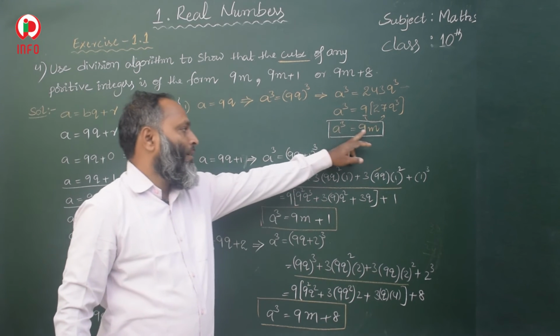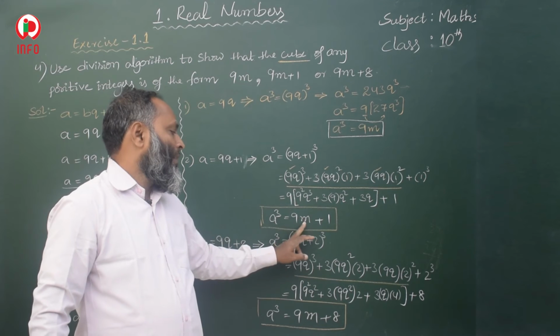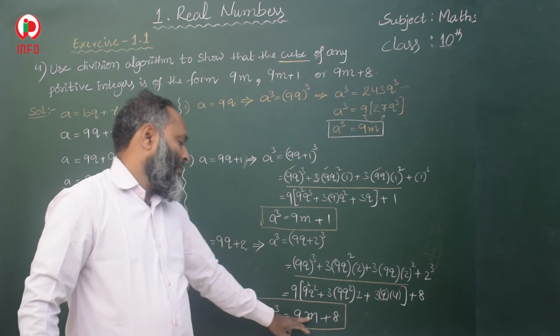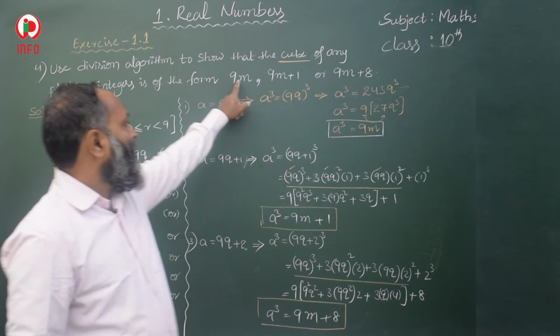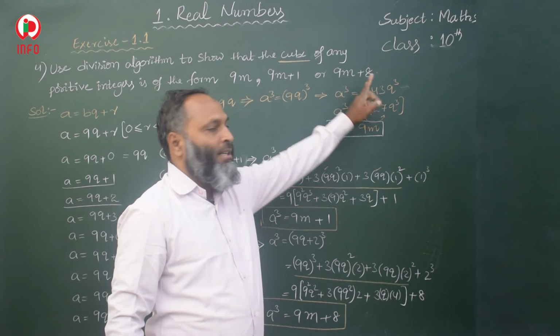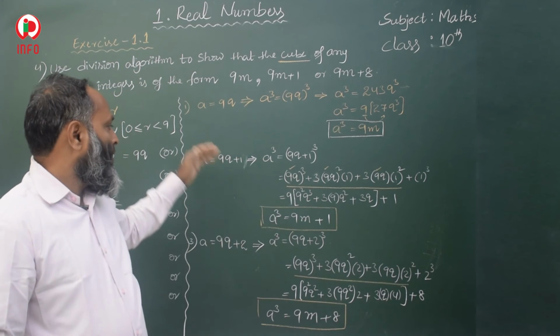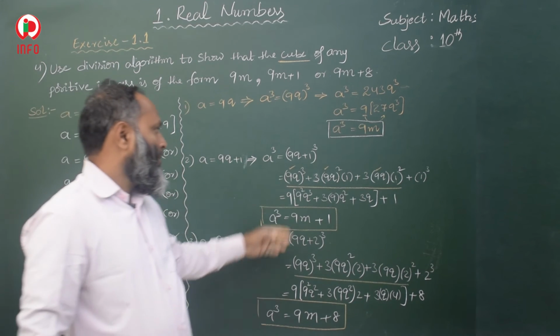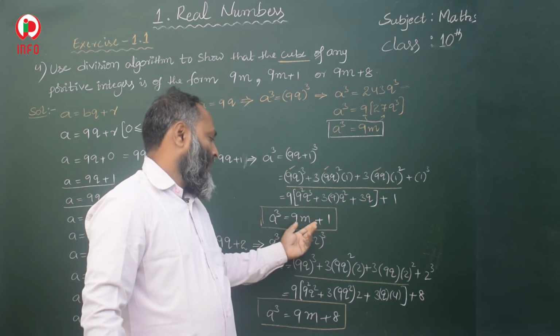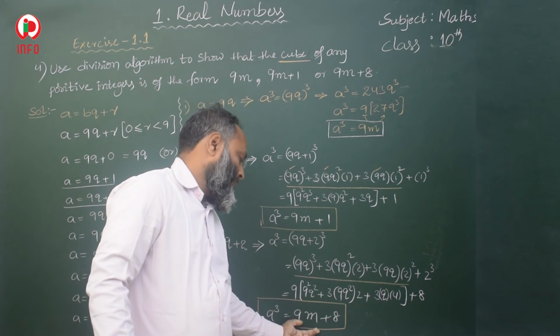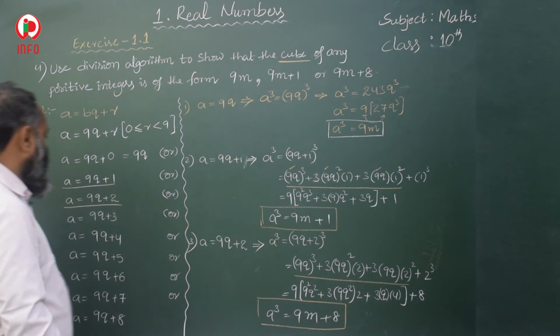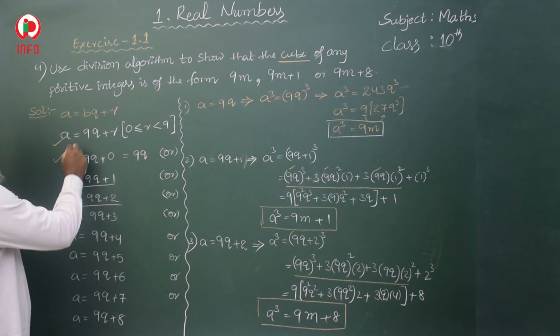Here a cube is equal to 9m, a cube is equal to 9m plus 1, a cube is equal to 9m plus 8. So 9m, 9m plus 1, 9m plus 8. It means all the cubes are in the form of 9m or 9m plus 1 or 9m plus 8. So we did till the third: 1, 2, 3.